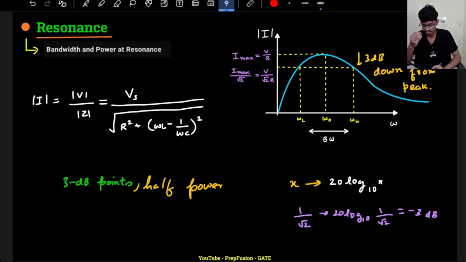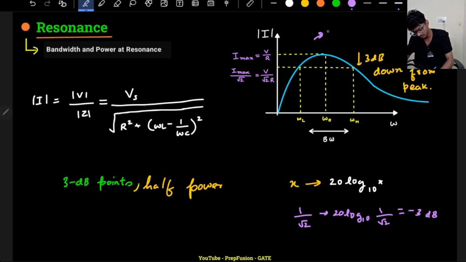Okay, like that. This will be made clearer in filters, where you study filters in signals and systems or analog electronics, about the physical significance of bandwidth.